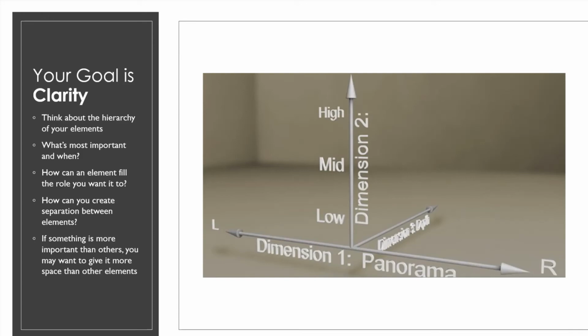If something is more important than others, you may want to give it more space than other elements. So again, this mix can be exactly what you want. Don't think that you have to hear everything with distinct clarity all the time, but make sure that what you want your listener to focus on is clear, does have clarity, and is important in your mix.